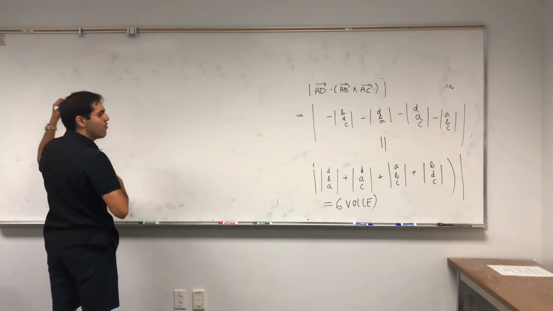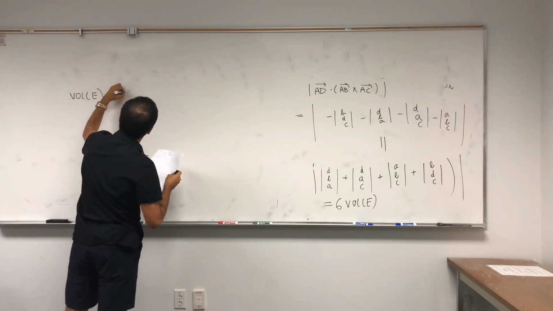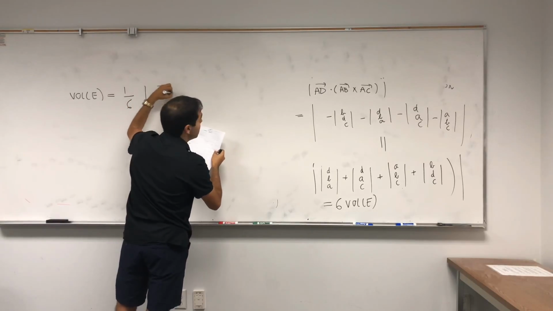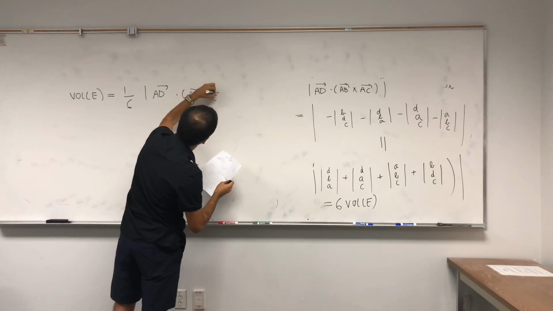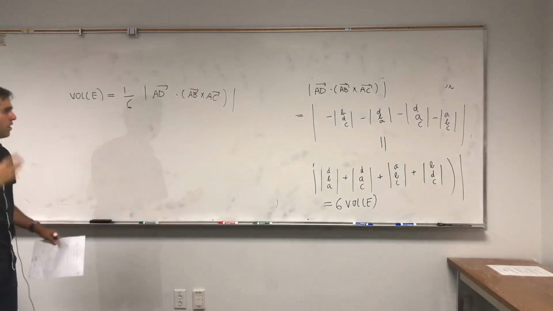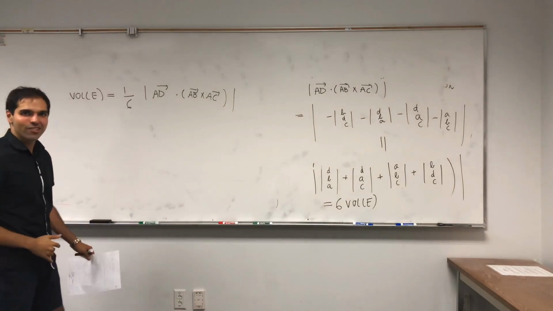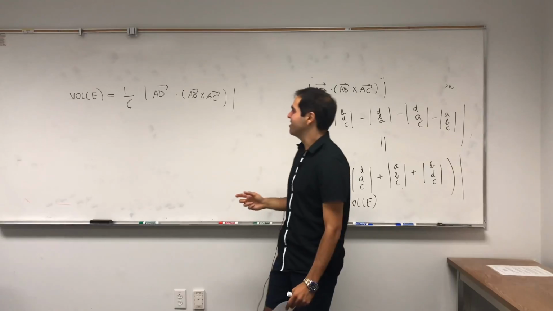So our general formula does work, even though, again, it's super impractical. But the volume of E is 1/6 times AD dotted with AB cross AC. Okay. And in general, you have to watch out for the absolute value depending on the orientation. But essentially, if you have a minus sign, then you put a plus sign.